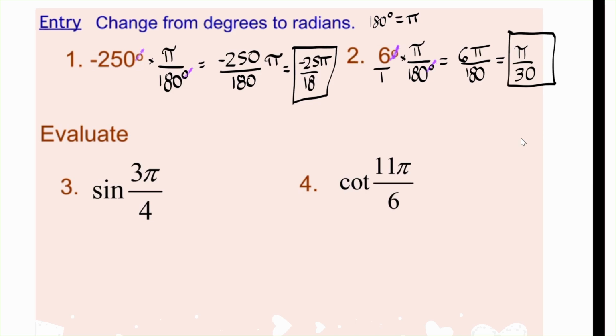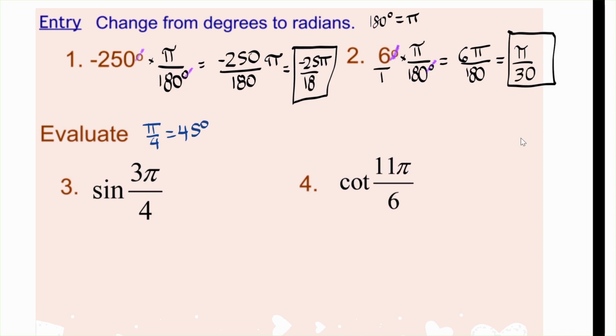Now this next part has me evaluate sine of 3 pi over 4. So I believe probably the most straightforward way to handle this is to consider what 3 pi over 4 is in degrees. Yesterday we learned that pi over 4 radians is 45 degrees.